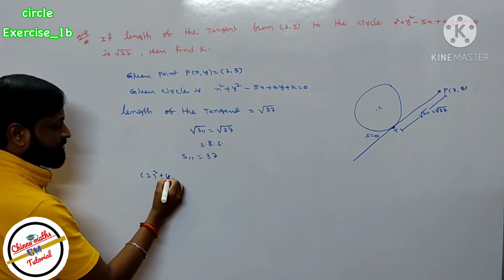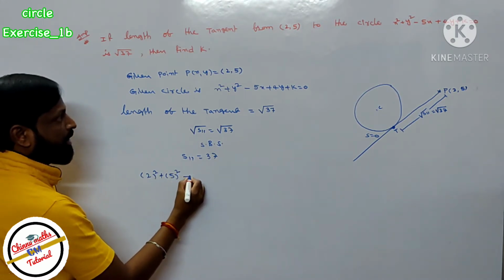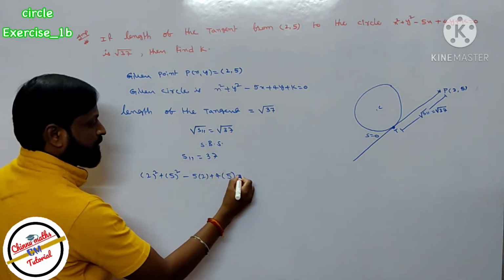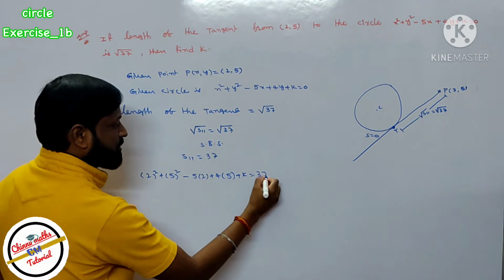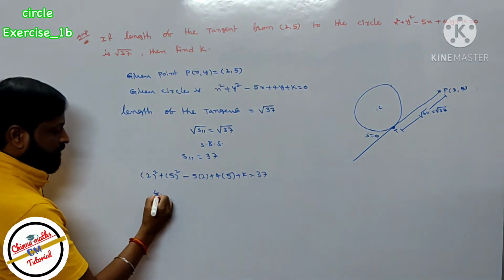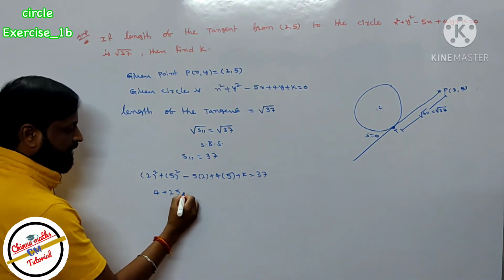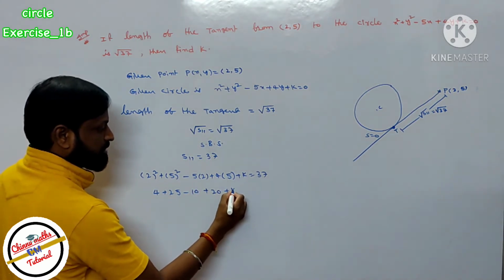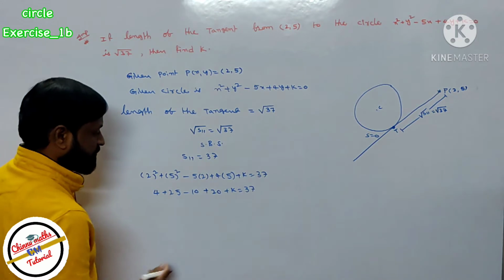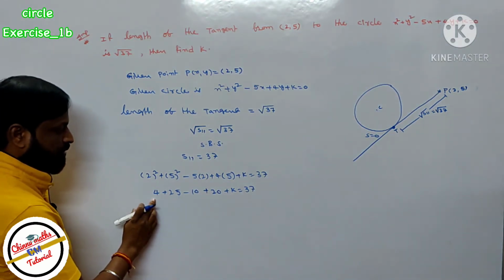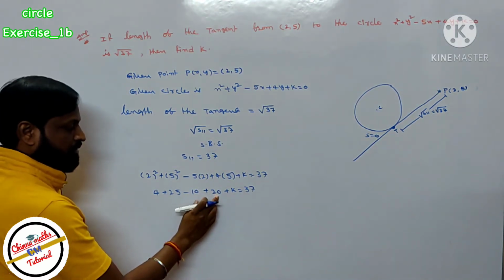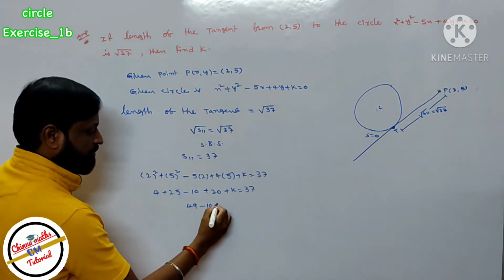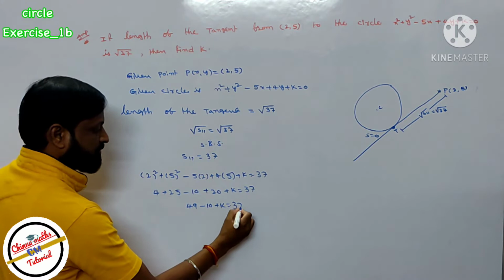Then 2 square plus 5 square minus 5 into 2 plus 4 into 5 plus k equal to 37. 2 square equal to 4 plus 25 minus 10 plus 20 plus k equal to 37. So 29 plus 20, 49 minus 10 plus k equal to 37.